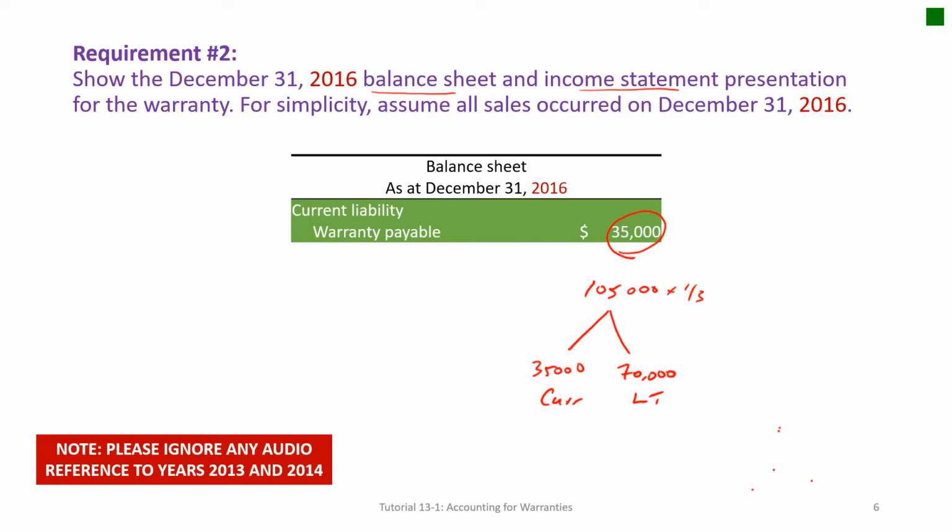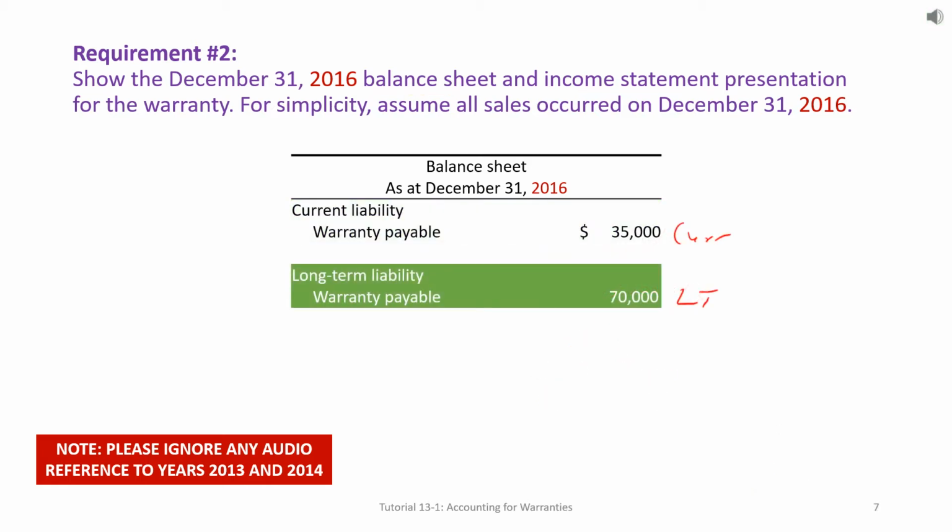So what we're saying is, of this $105,000, $35,000 is current, and the other remaining amount of $70,000 is long-term. And so you see here, as we build out the balance sheet, here is the other long-term portion.